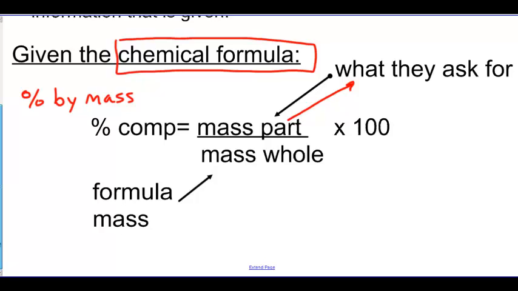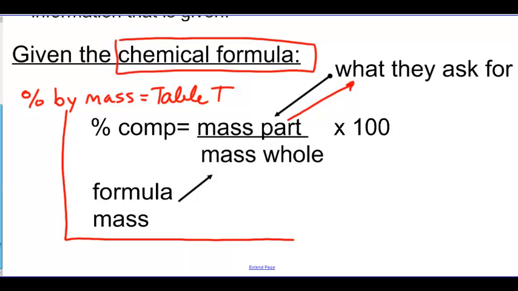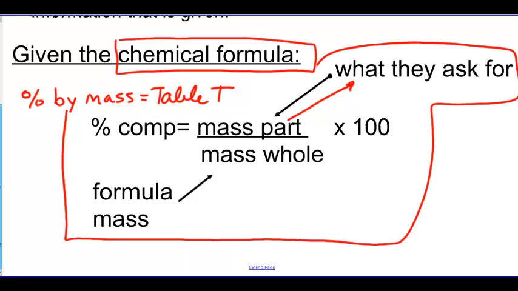Again, this equation is given to us in Table T, under percent by mass. It allows us to calculate the percent composition. So this is what you're writing in your box.